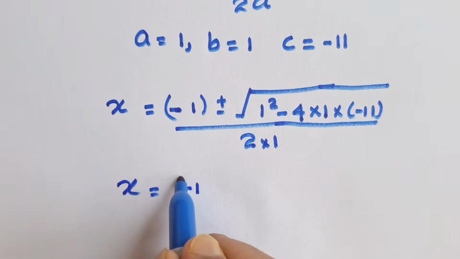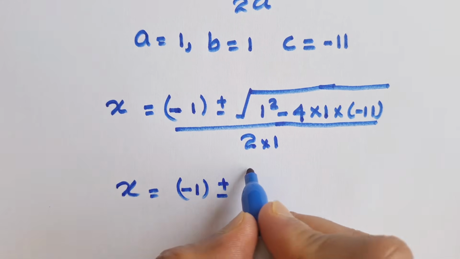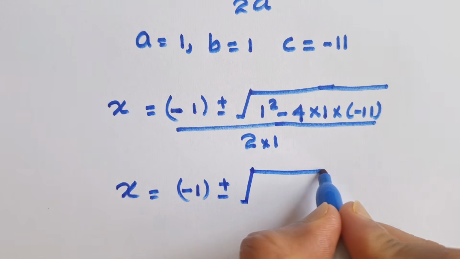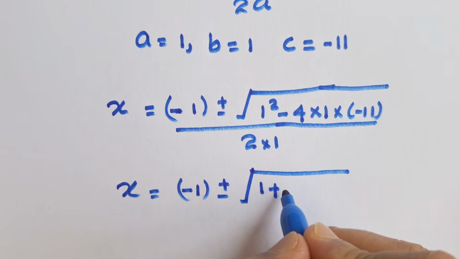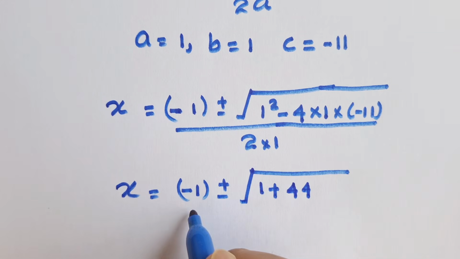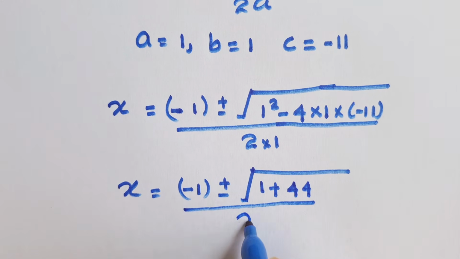Then we have x equal minus 1 plus or minus, inside the square root we have 1 plus 44, because minus 4 times minus 11 is plus 44, divided by 2.